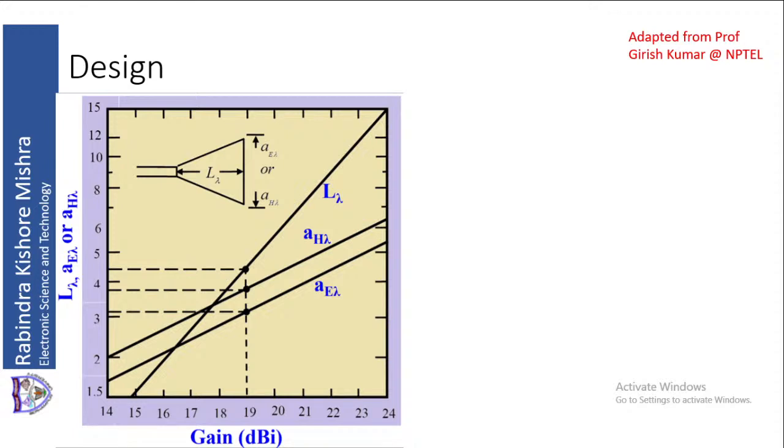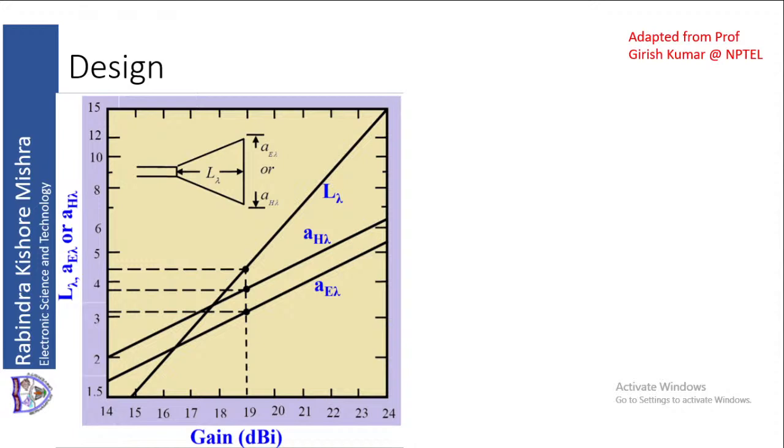Once the gain is specified, here it shows a gain of 19 dBi, draw a vertical line from the gain axis that will meet these three lines: the L line, the AH line (capital B) and the AE line (capital A). Where it meets those lines, draw a horizontal line, and that will give you the lengths.